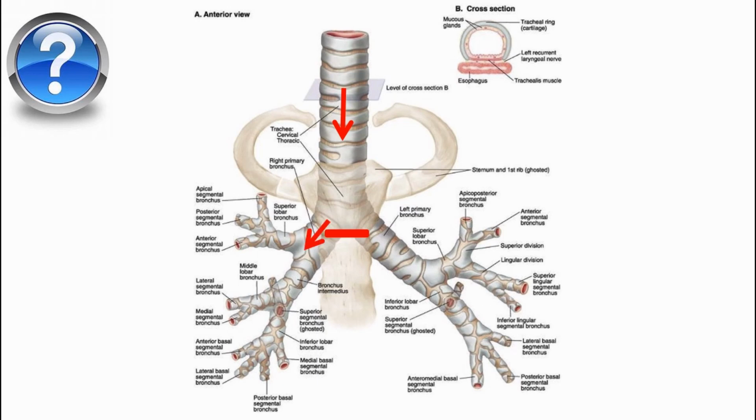As it comes to the sternal angle it divides into a shorter right main bronchus and a much longer left bronchus.